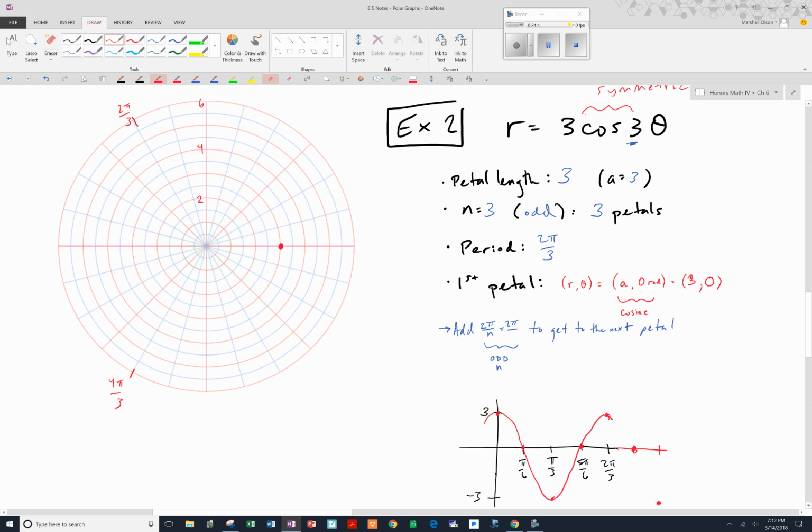Okay, so I know that I'm going to have a pedal tip here, and I'm going to have a pedal tip here. I'm trying to find 3. There we go. So this is what this is going to end up looking like.